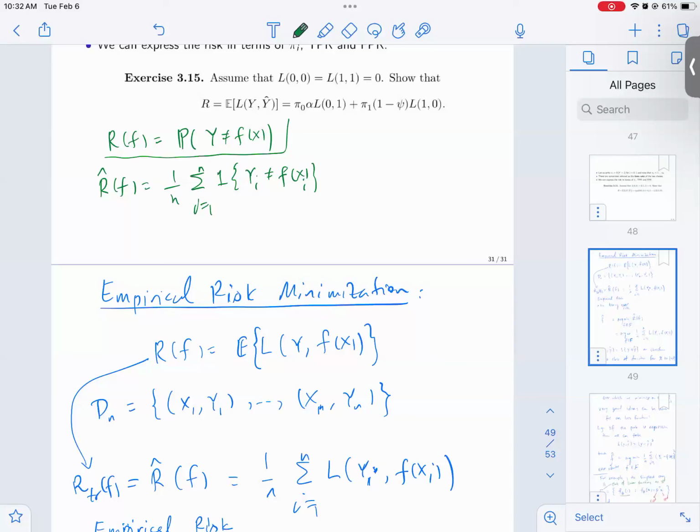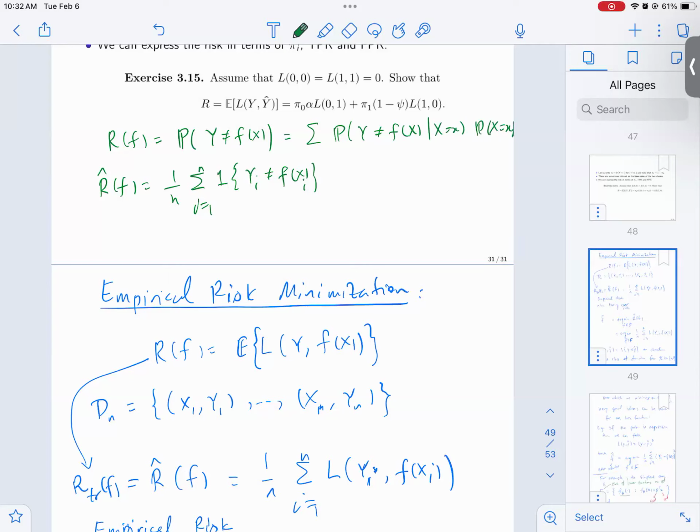Anyone remembers how we did that? So we said let's condition, right, on X equal to x: the probability that Y is not equal to f(x) given X equals x, times the probability that X is equal to x.